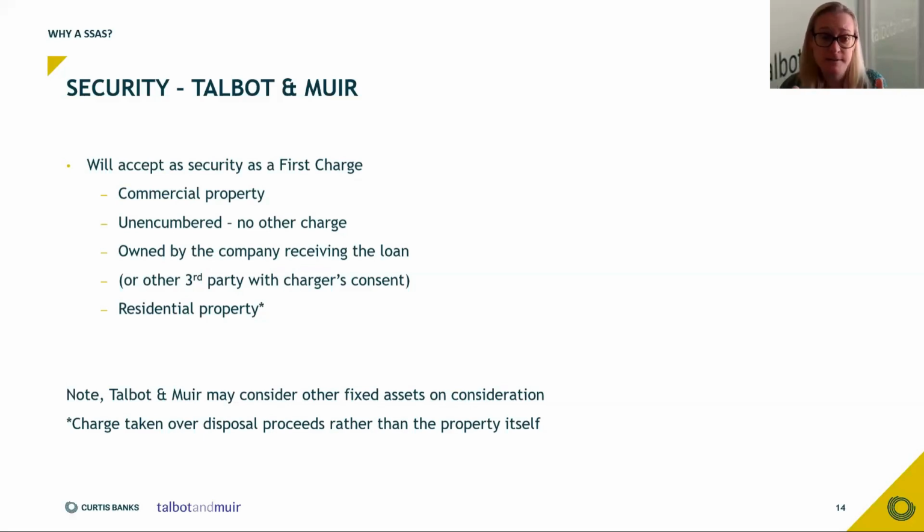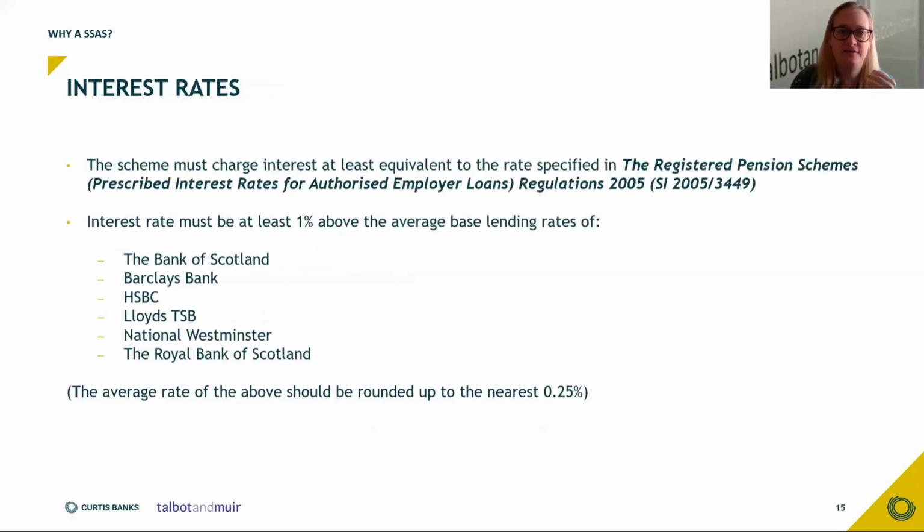We don't look at those types of assets because we're not comfortable with the valuation, and all of those assets potentially could decrease in value. We'll only look at commercial property. So hopefully that gives you an idea of the security piece.